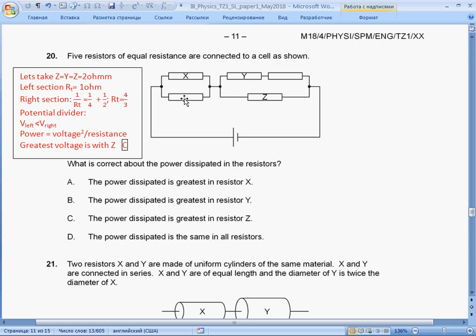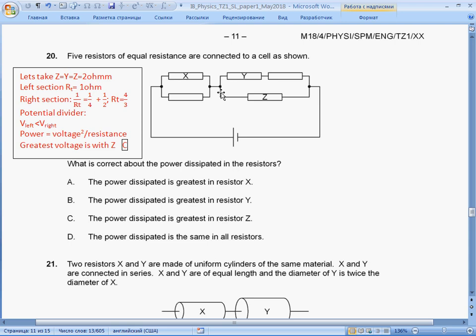Then 2 ohm and 2 ohm in parallel give us 1 ohm, and here we have 2 ohm and 2 ohm in series, 4 ohm, and they are in parallel with 2 ohm, so we use the formula for inverse. 4 over 3, so here we have total resistance more than 1 ohm. Here 1, here more than 1.